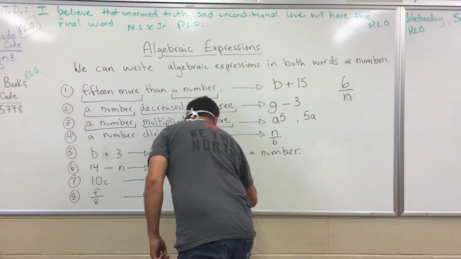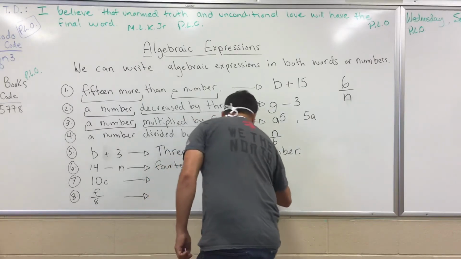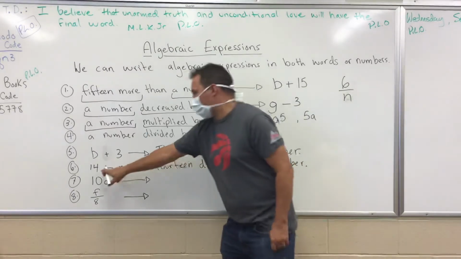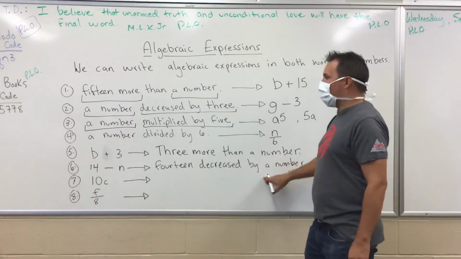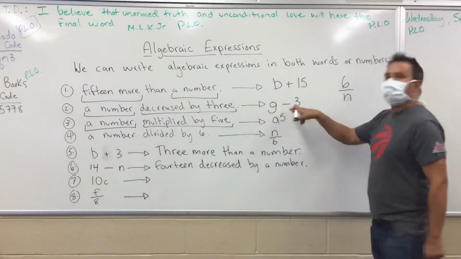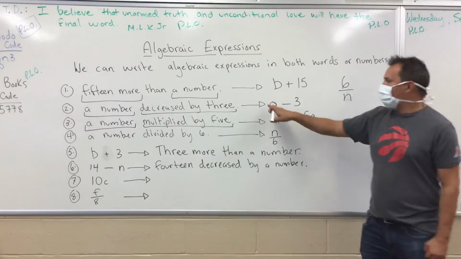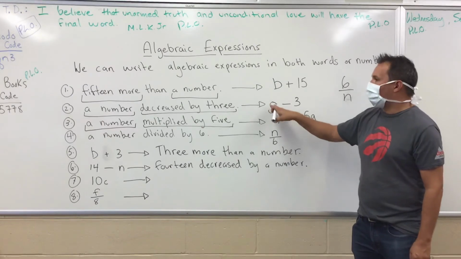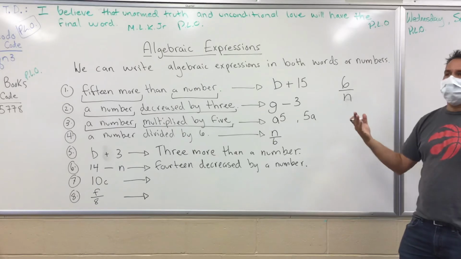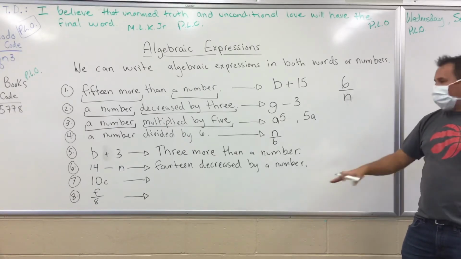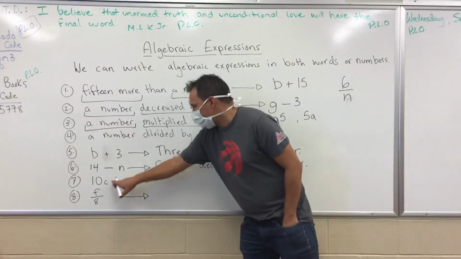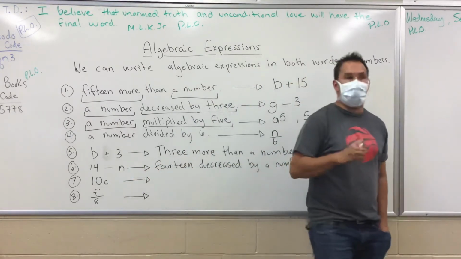In this case, we start with 14, and then we decrease it by a number. Up here, we said a number decreased by 3, so it's like a reverse. With subtraction, we're usually starting with what we've got there first. So a number decreased by 3, or 14 decreased by a number. Anytime you see the letter, we know that stands for a number.